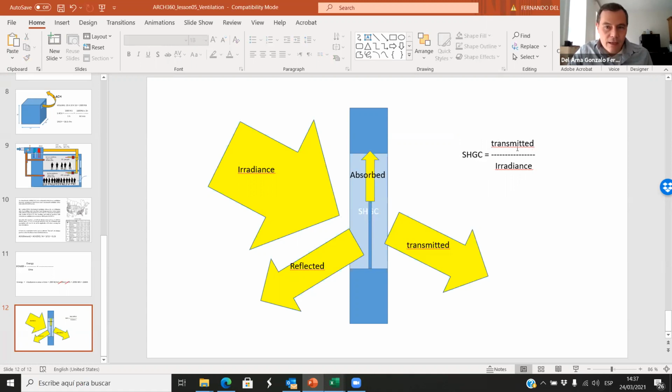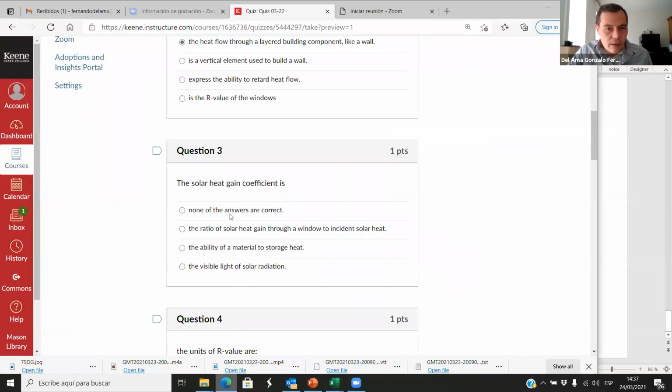The higher the solar heat gain coefficient, the closer to 1, the more transparent the glass is. The lower it is, the less transparent the glass is. Okay, so that's the concept of solar heat gain coefficient.